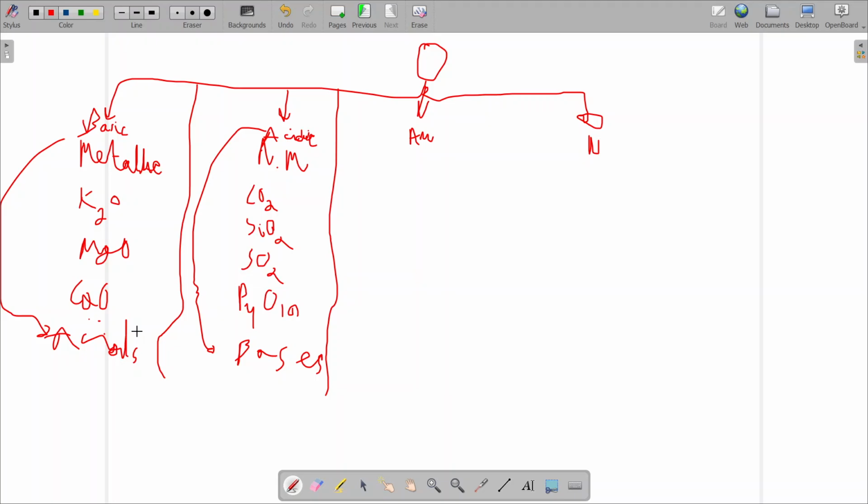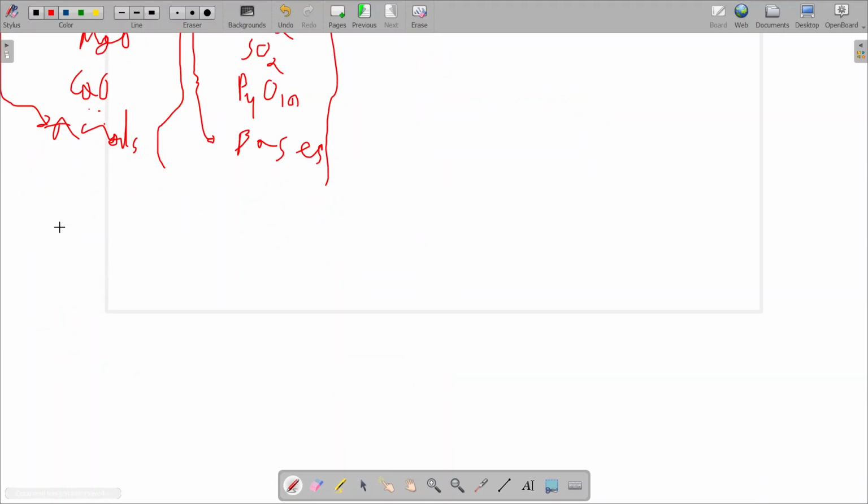Or actually, no, my bad, the metal oxide with water will give you a metal hydroxide. So let's write it: MO, that's metallic oxide, plus water, H2O, will give you metal hydroxide. So I'll write MOH.